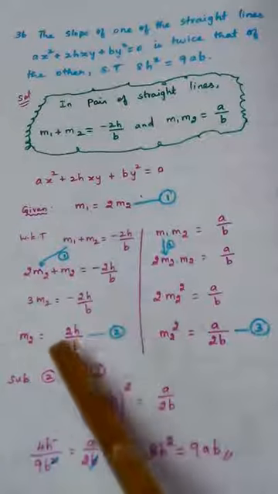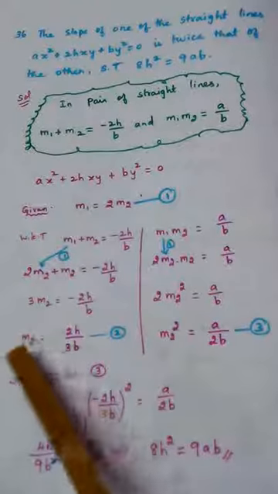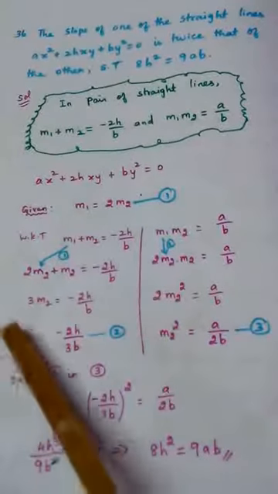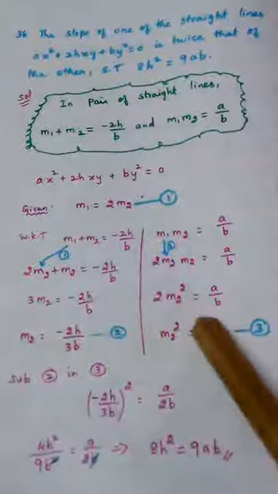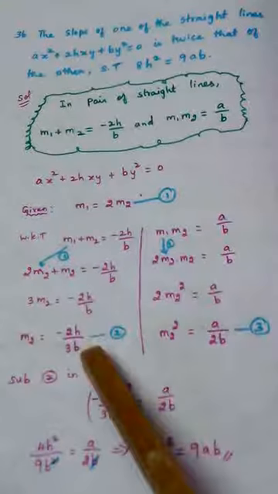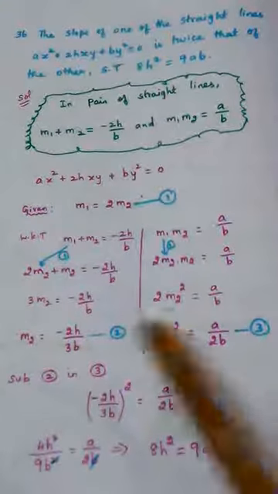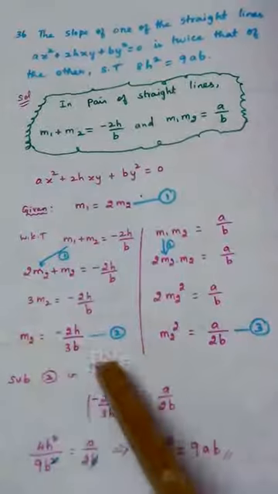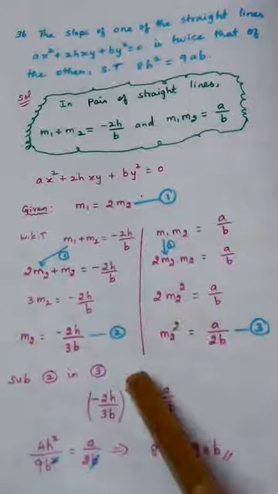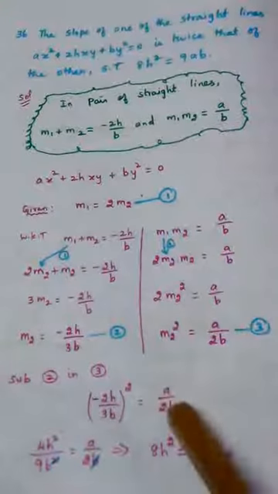Now you substitute the m2 value from the second equation in the third equation. How to substitute? The m2 value is minus 2h by 3b. Here m2 is present, so take that m2 and replace it by minus 2h by 3b, then square, equals a by 2b.